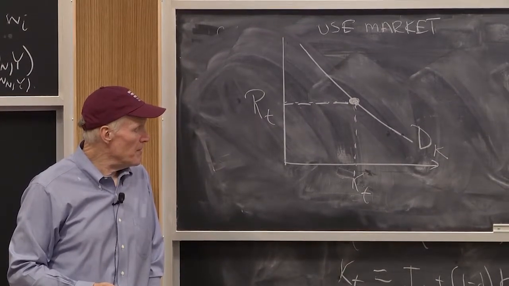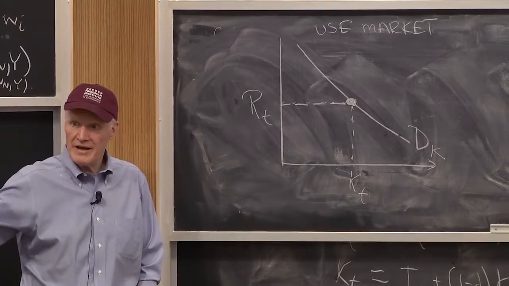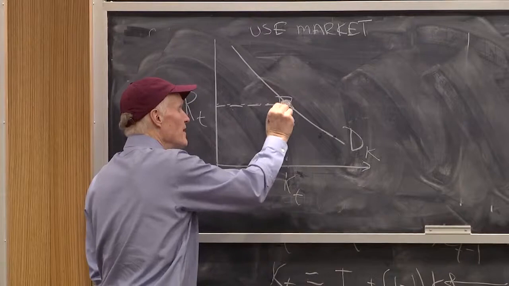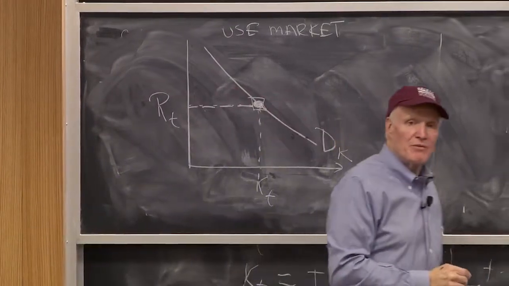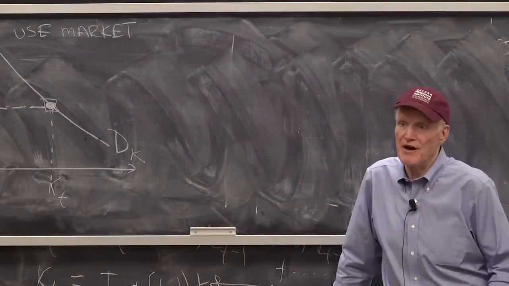Well, if you're holding, it means, is it F partial K? At this point, yes. At this point, that height will be equal to the value marginal product of capital, because that's how users of capital are going to define their demand.